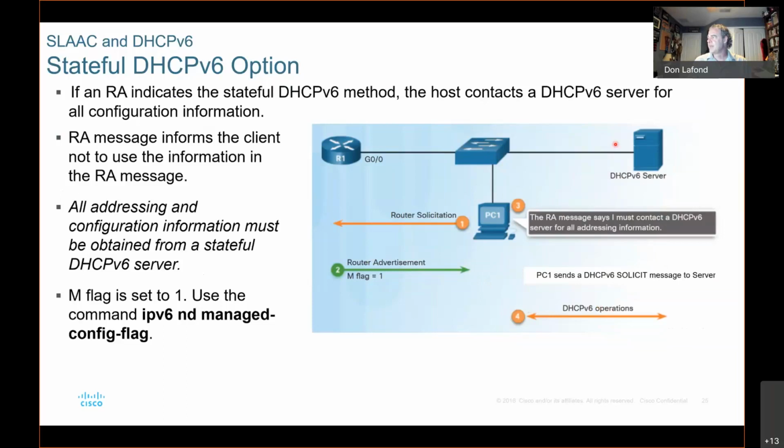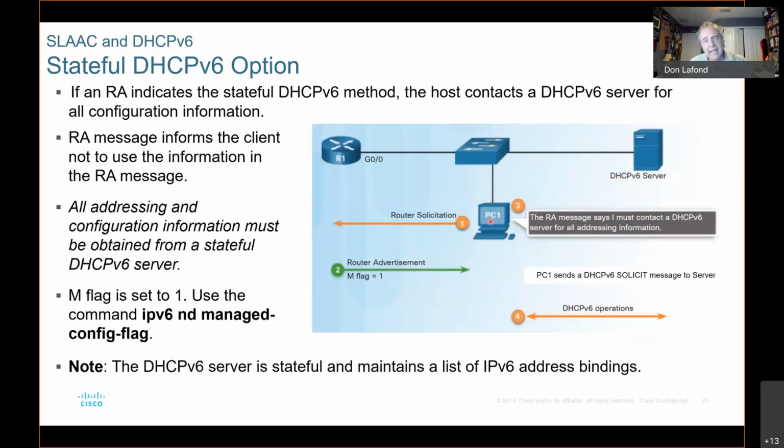And then the PC and the server are going to chat back and forth to get all of the information, including the address itself. And again, this is stateful, which means that a list of addresses is maintained by the IPv6 address bindings.